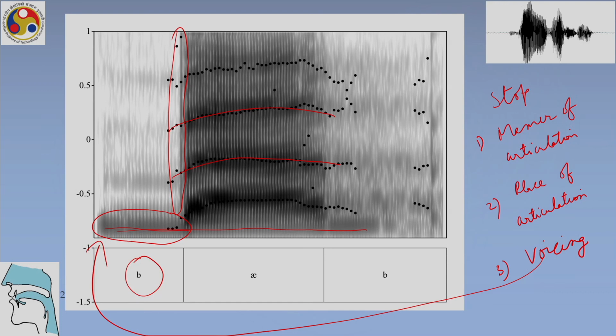That would be a period of complete silence, but without this property. And now we see the voicing, and we see the release burst showing that it's a stop. Okay. Third thing, place of articulation. As we had just talked about, how do we see the place of articulation? This is called transition.